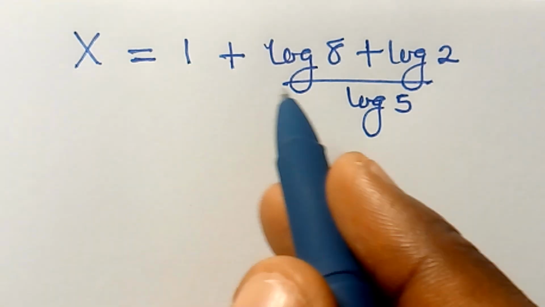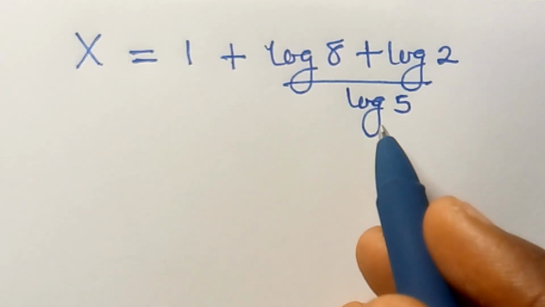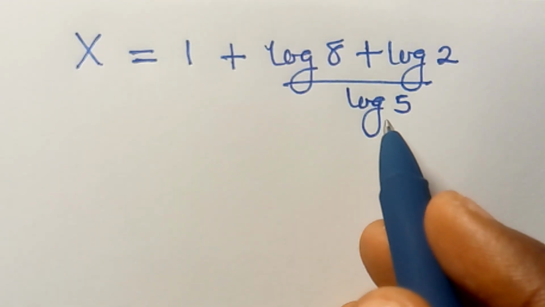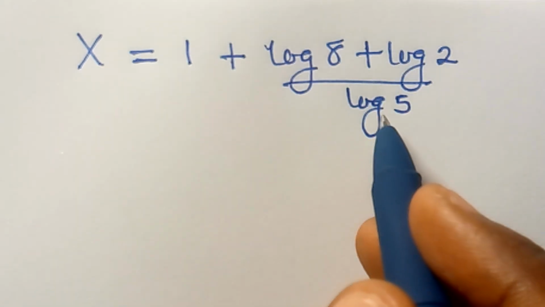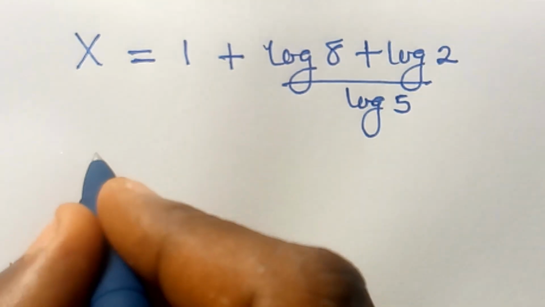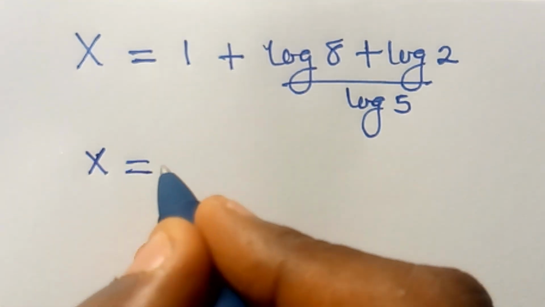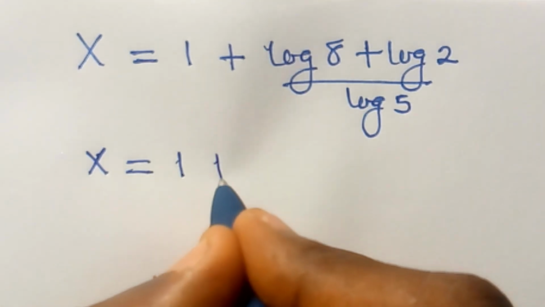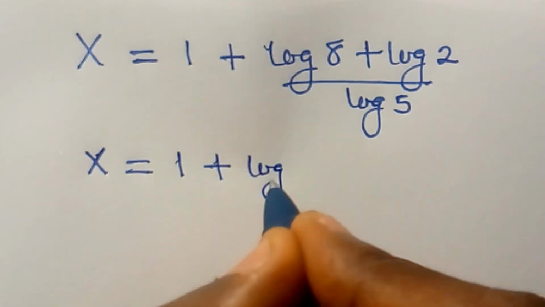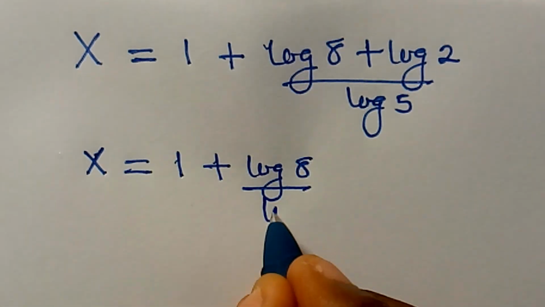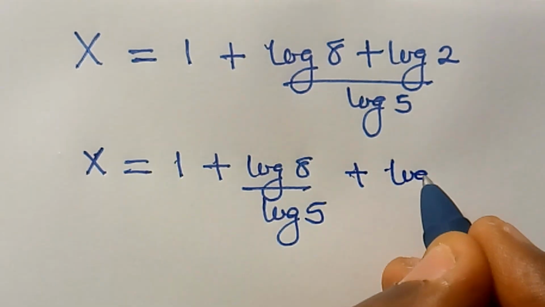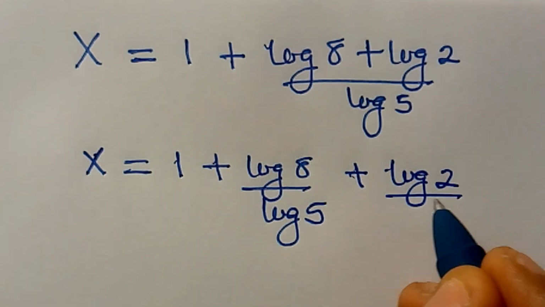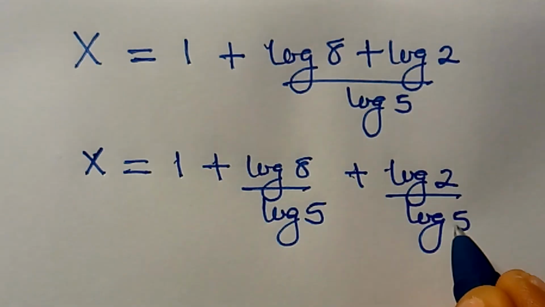So we are going to divide each of log 8 and log 2 by log 5. So we have x equals 1 plus log 8 divided by log 5 plus log 2 divided by log 5.